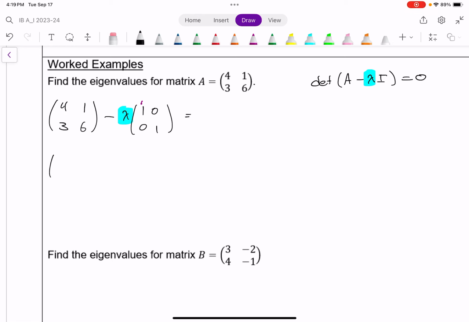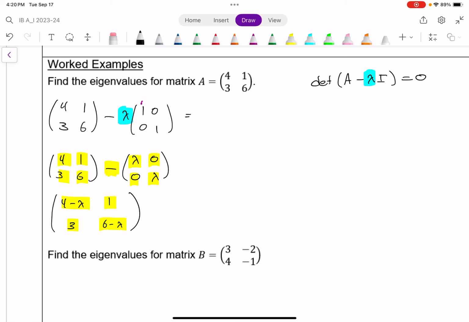It's the matrix [4 1; 3 6] minus lambda times everything inside there, which is lambda, 0, 0, lambda. And so when I subtract these, I get 4 minus lambda for one of my elements. I get 1 minus 0, so just 1. I get 3 minus 0, so just 3. And then I get 6 minus lambda for another element.